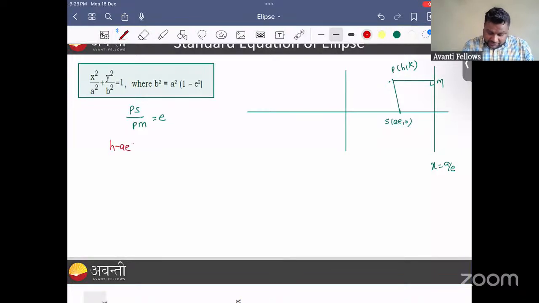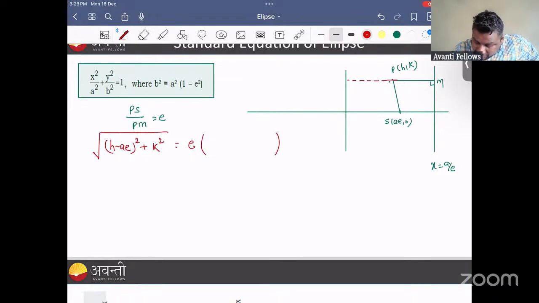So it is under root of (h minus ae) whole square plus k square, equal to e times. Now see what is PM. PM is this total distance. Now this is h and this distance is a by e. So what is PM? PM is a upon e minus h mod. Got it?